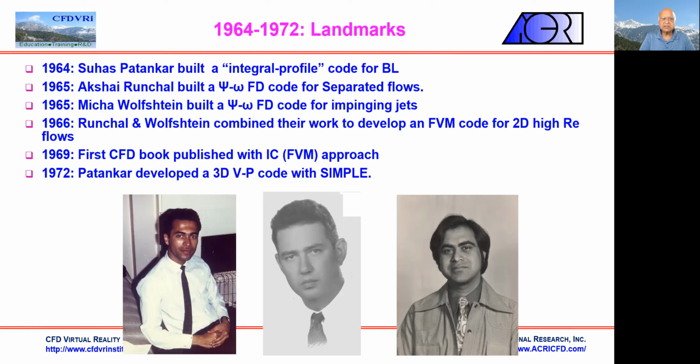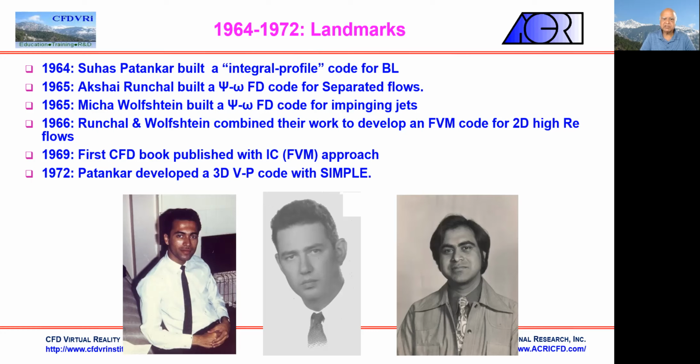So Spalding asked Runchal to use the finite difference method for stream function and vorticity, and Micha Wolfstein to use the same or similar technology for impinging jets. So in 1966, Runchal and Wolfstein combined their work to develop a finite volume code for two-dimensional high Reynolds number flows.